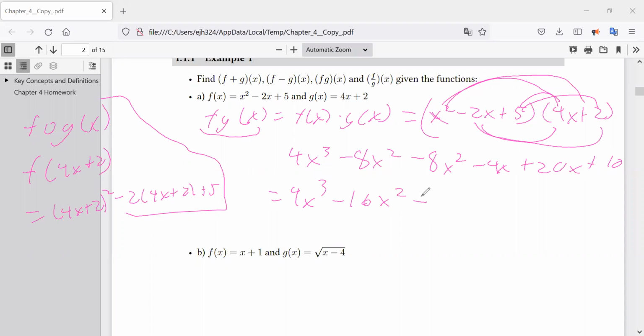So that's what we get when we distribute out like that, f times g of x.